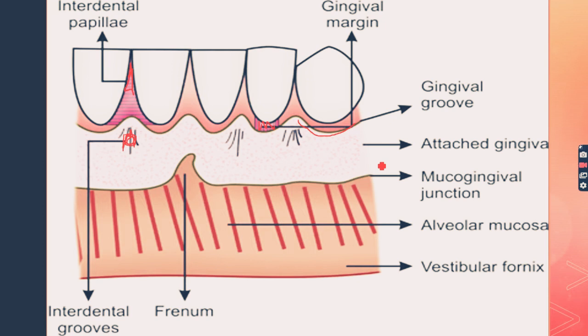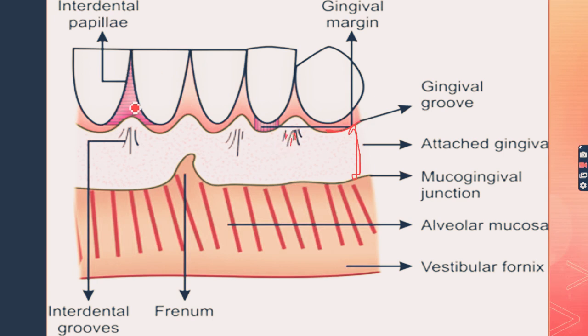Okay. Now come to this. This is attached gingiva. It means all this portion here is attached gingiva. Look at this. This is attached gingiva, okay? Stippling is present here, and this is the interdental groove, okay? This groove is interdental groove, and this portion is the gingival groove. This is gingival and this is interdental.